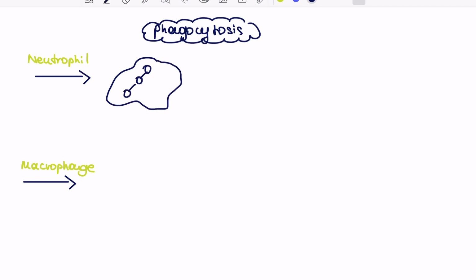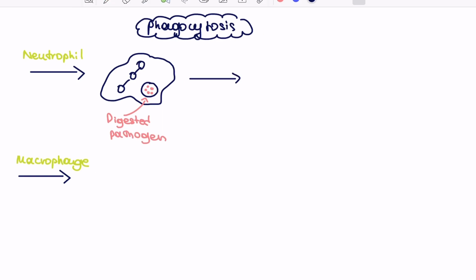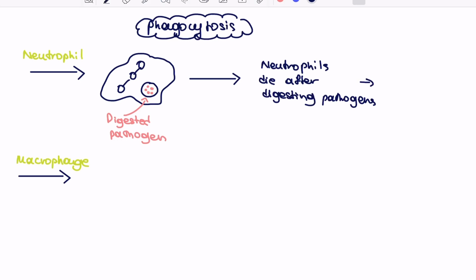When the neutrophil digests the pathogen, it completely digests it, and this results in the death of neutrophils. So neutrophils die after this digestion, and eventually the neutrophils will form pus. This is P-U-S for the spelling. And pus in molecular biology and immunology is a sign of dead neutrophils.